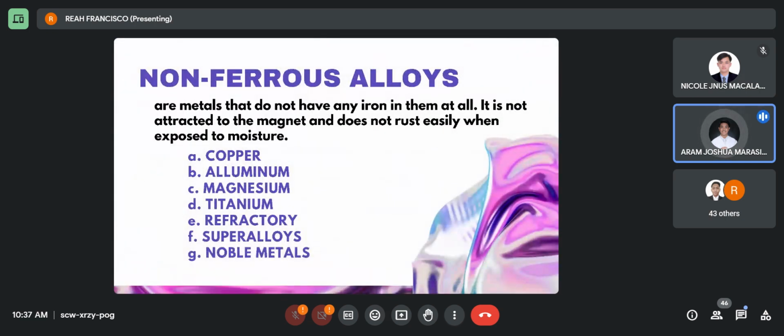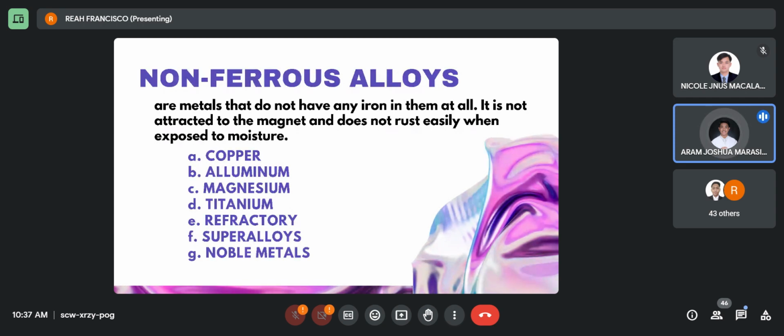So, what are non-ferrous metal or non-ferrous alloys? Non-ferrous metals are metals that contain absolutely no iron. It does not rust easily when exposed to moisture and is not drawn to magnets. They are primarily composed of elements like aluminum, copper, zinc, nickel, and others, often blended with smaller quantities of various metals to achieve specific desired properties.